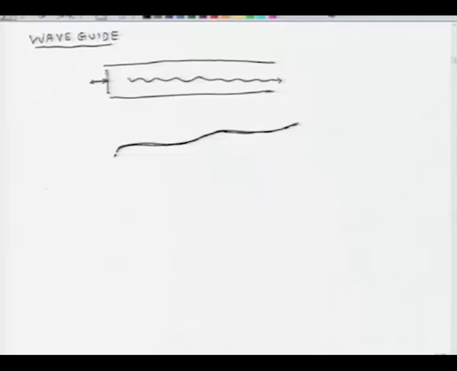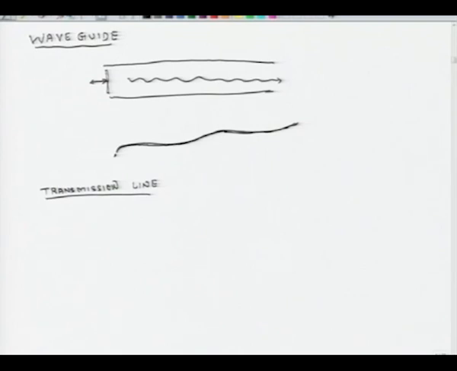The second term I would like to introduce is transmission line. A transmission line is a term which has similar implications as a waveguide, but it is used in a more general sense.